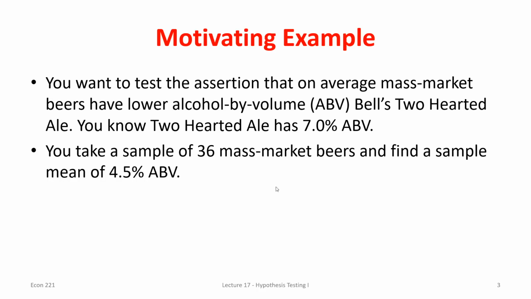So we wanted to test whether the average mass market beer is lower than 7%, and we found some evidence that supports that. But we only have a sample mean. So with this sample, can we say the true population mean is less than 7%? What are the steps to make sure we can say that with a certain level of confidence?